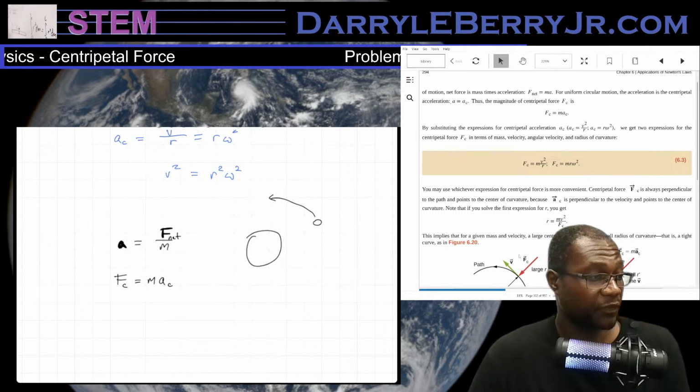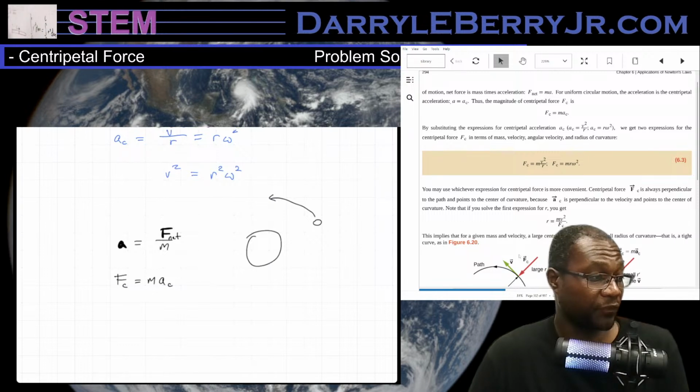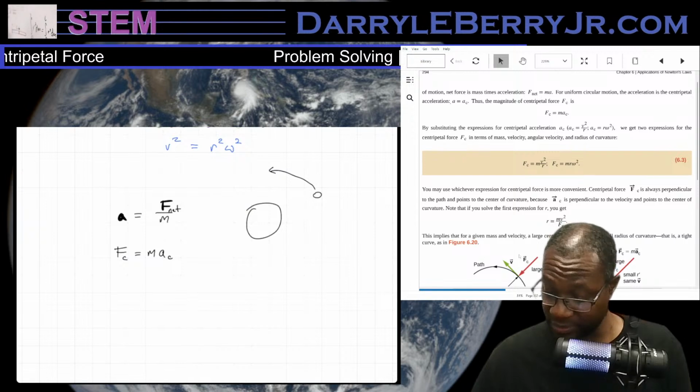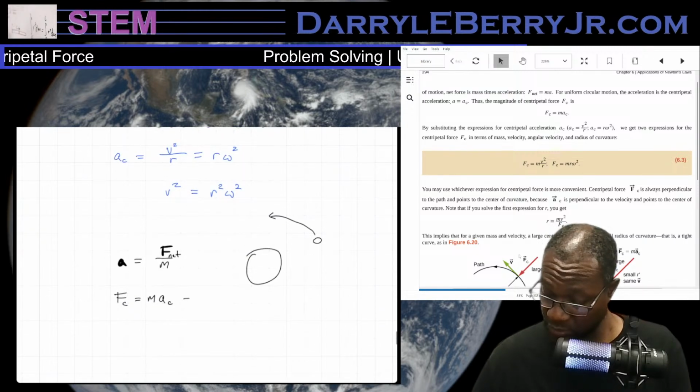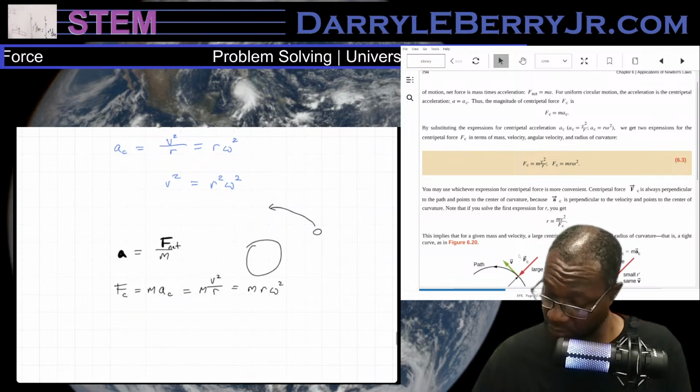By substituting the expressions for centripetal acceleration, we get two expressions for the centripetal force F_c in terms of mass, velocity, angular velocity, and radius of curvature. So F_c equals m a_c equals m v squared over r equals m r omega squared.